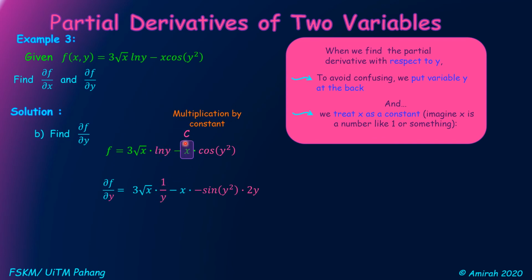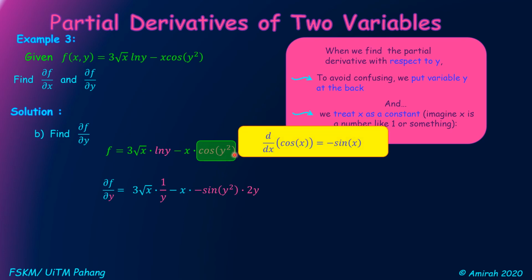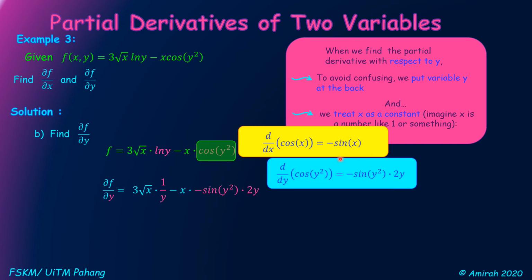Okay. And then for the second term, this is the first term and this is the second term. For the second term, we have multiplication by a constant here. So we just keep the constant in front after we differentiate. And then to differentiate cos y squared, we can refer to the basic formula. The derivative of cos x with respect to x equals negative sin x. Now we want to differentiate cos y squared with respect to y.